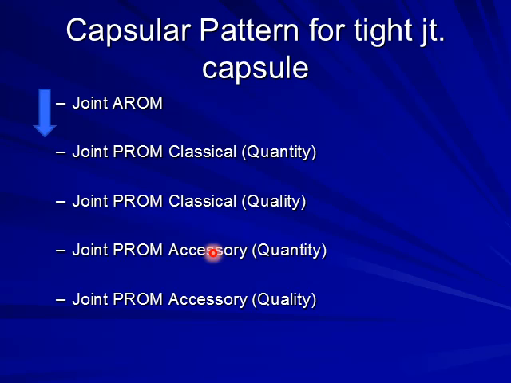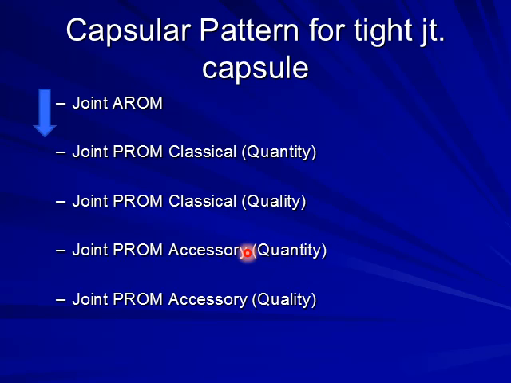When we go to accessory now, as far as quantity is concerned, we have to match the accessory motion with their component motions. So for flexion, you get an anterior glide of the proximal phalanx. That would be limited greater than a posterior glide, which is the component motion for MCP extension.